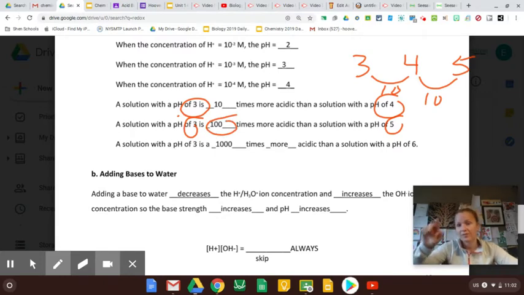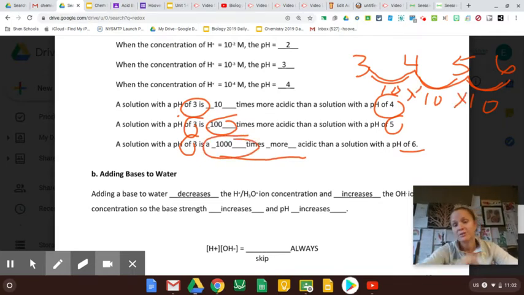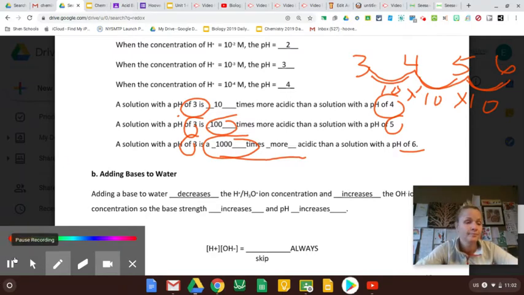All right, so every step on the pH scale is times 10. So a solution with a pH of 3 is how much stronger than a pH of 6? Well, that's another step on the pH scale. So 3 is 1, 2, 3 steps on the pH scale stronger than 6. So that's 10 times 10 times 10 is 1,000 times stronger. So every jump on that pH scale means a lot.